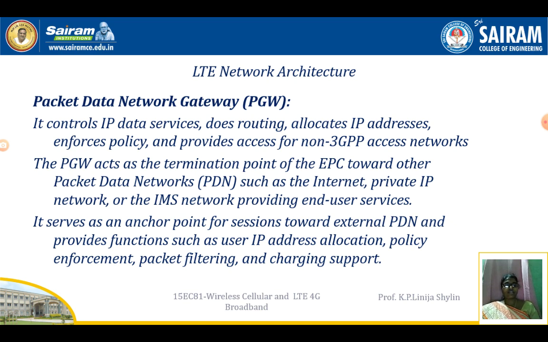By the architecture itself, we are very clear that if there is more than one eNode B, the 3GPP SGW will serve as a mobility anchor, and the packet data network gateway will act as the termination of the evolved packet core towards other PDNs, such as the internet, private IP networks and the IMS network.